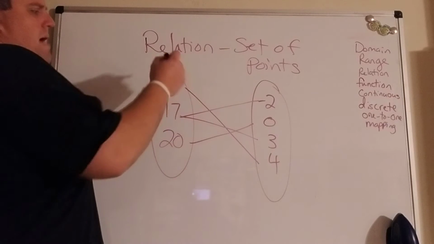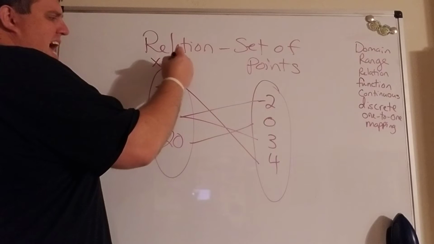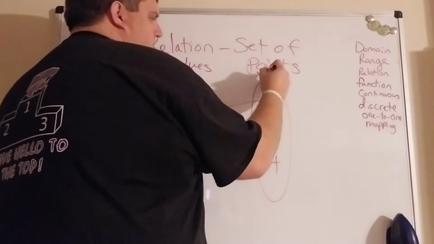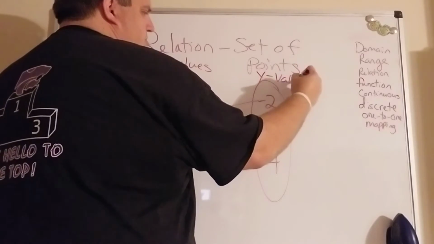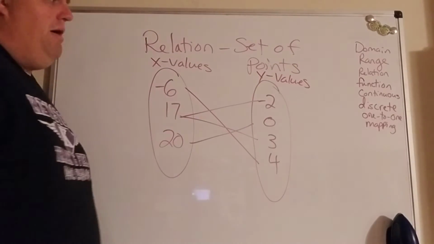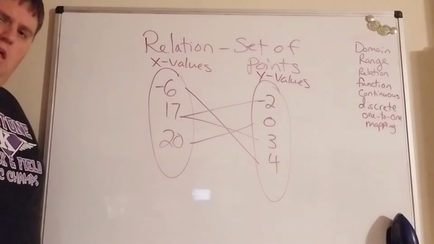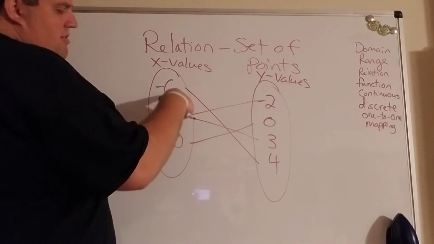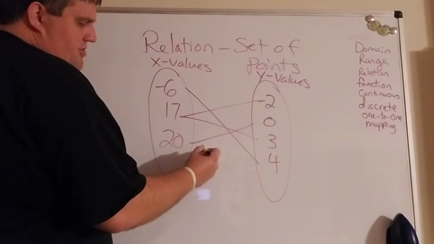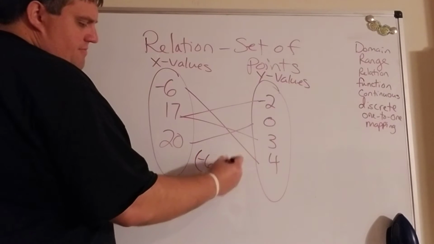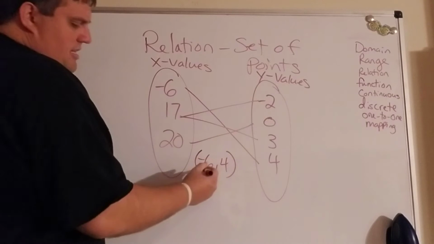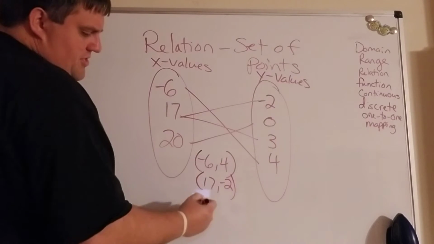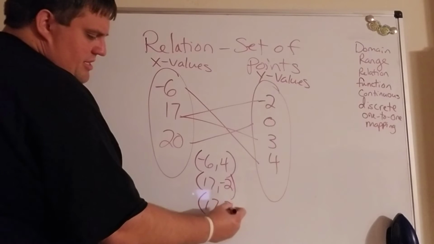For mappings, this one on the left is always the x values. And this one on the right is always the y values, which we're going to talk more about here in a second. And those x and y values, basically they just connect to make points. So like this, go into that, is just the point (-6, 4). 17, -2. 17 also goes to 3, so that would be another point.